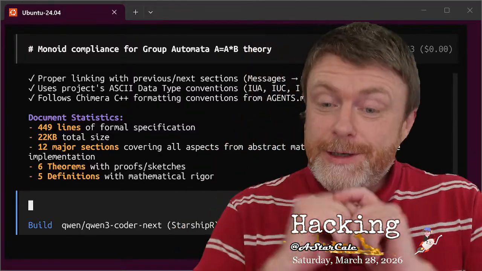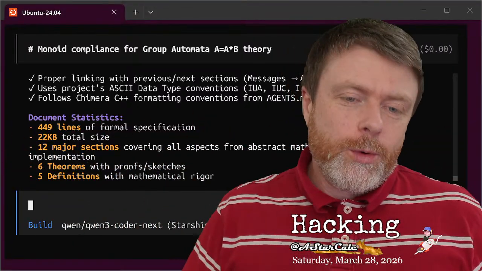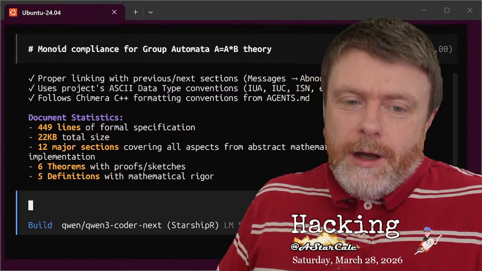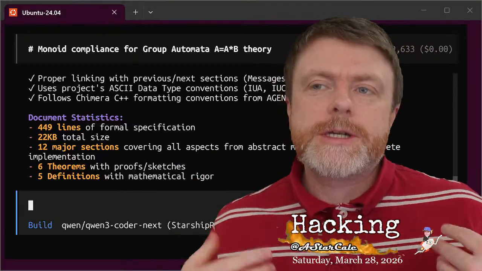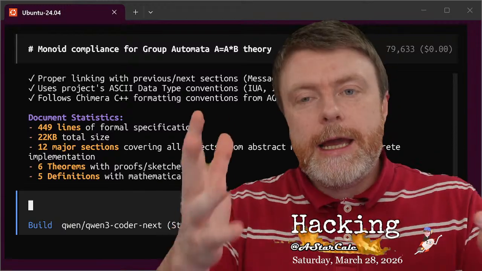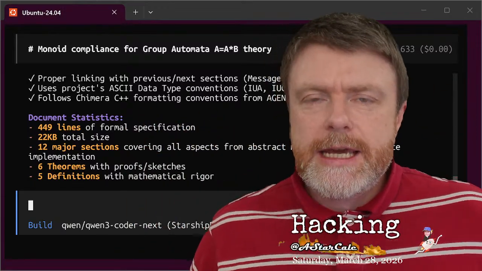But you can use this monoid group theory to mathematically formalize and make sure that whatever symbolic operations the AI just came up with are valid.